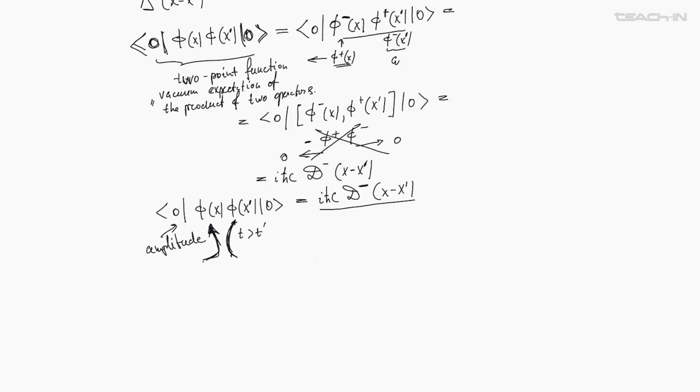So phi plus here is the creation part. We have to agree what is bigger, t or t prime. So let's take t bigger than t prime. Then we can say that at the point x prime, with this phi plus here, we are creating a particle, and then at a later time t, we destroy it. We are destroying a particle.